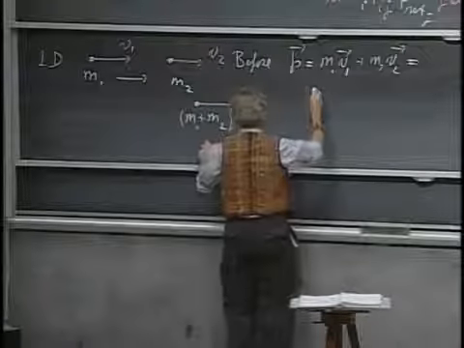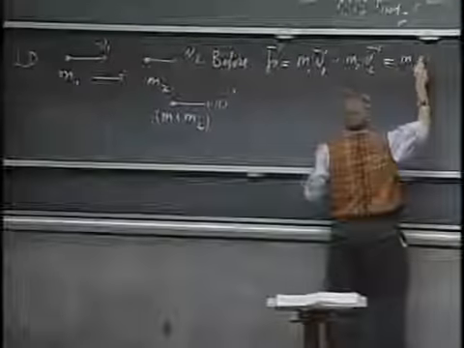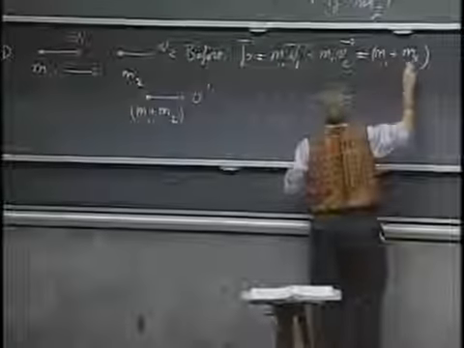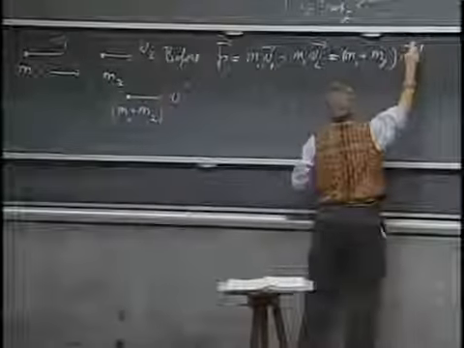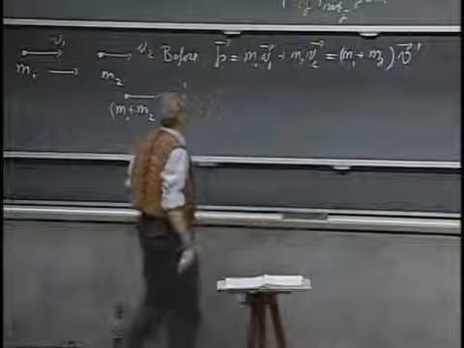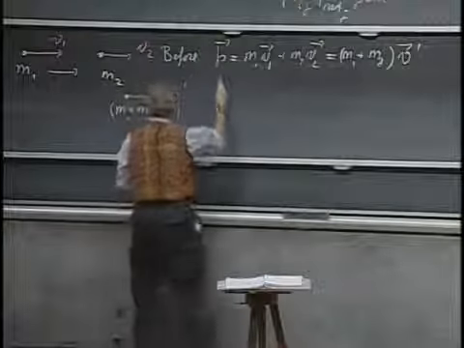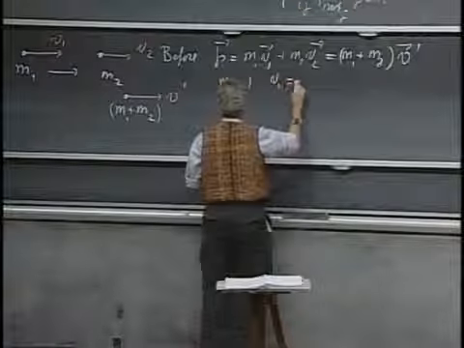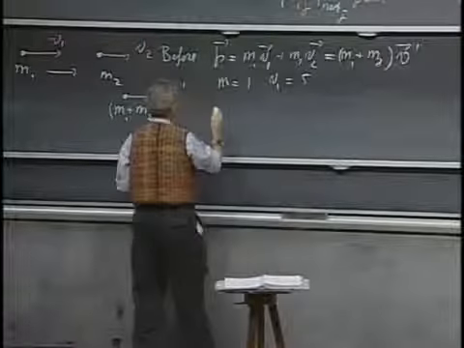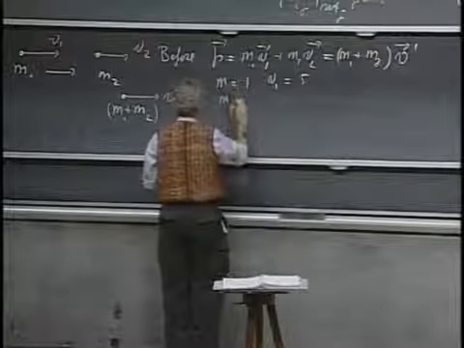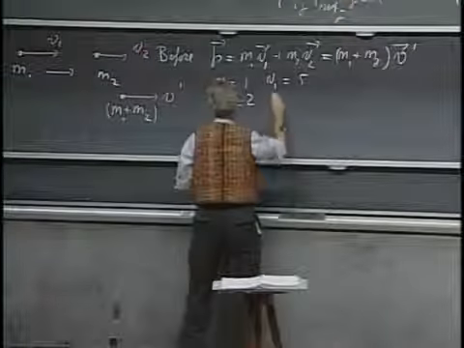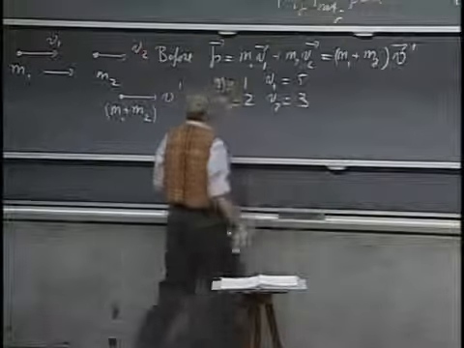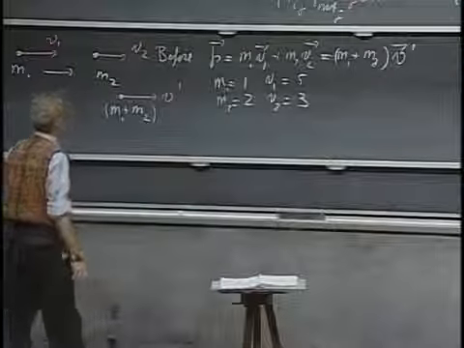And so this equals (m1 plus m2) v prime. And so if we put in some numbers, suppose m1 equals 1 kilogram, and v1 is 5 meters per second. Let m2 be 2 kilograms, and let v2 be 3 meters per second.